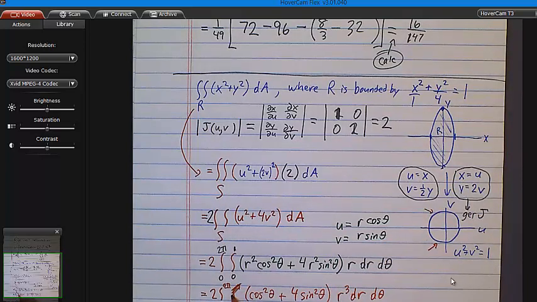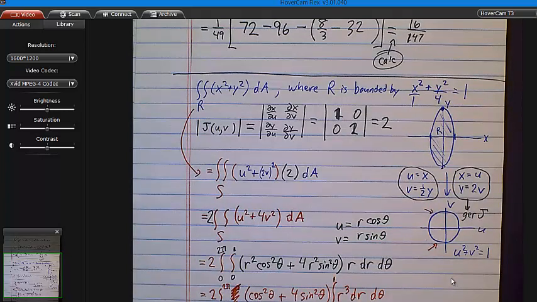Are you okay if instead of putting that 0 to 1 there, I actually wrote it here? Because that's the integral that's associated with the dr, right? And all this stuff is being treated how? Right. I can't pull it past this one, but I could pull it past that one. You guys follow that? Good.